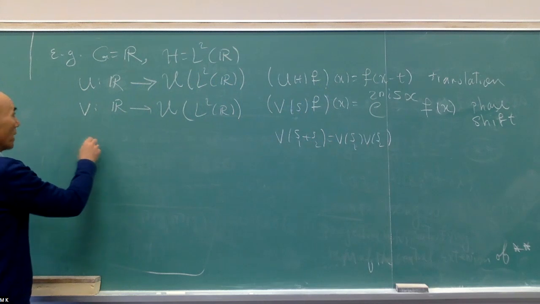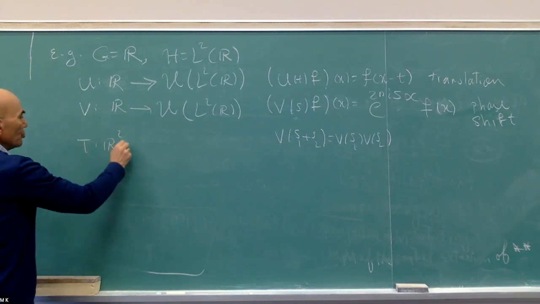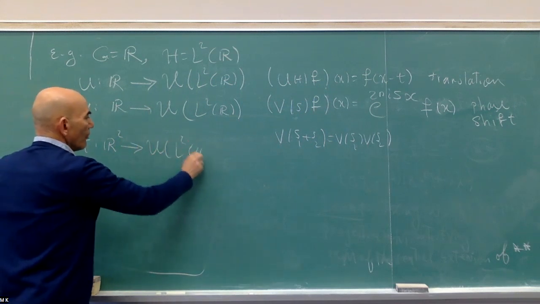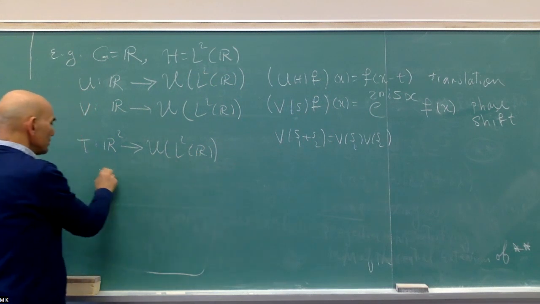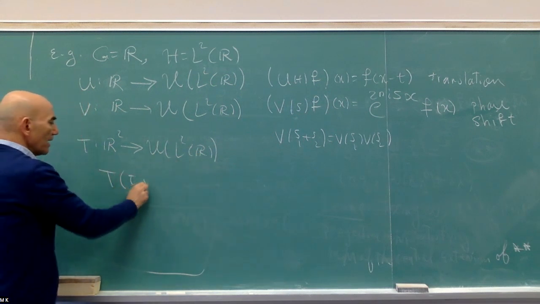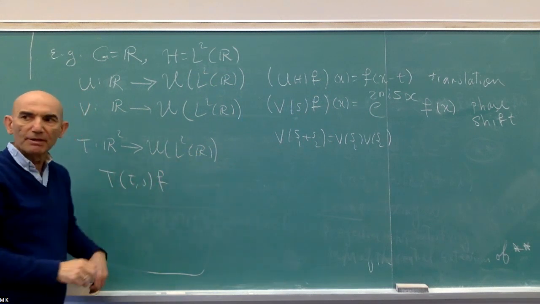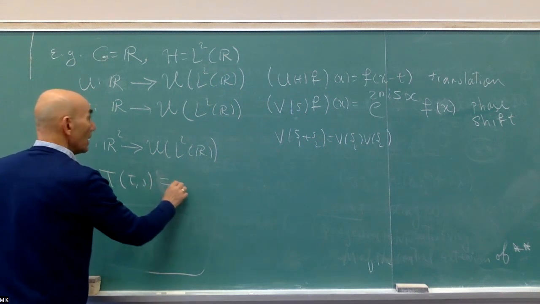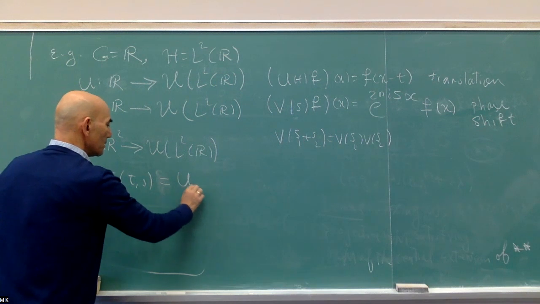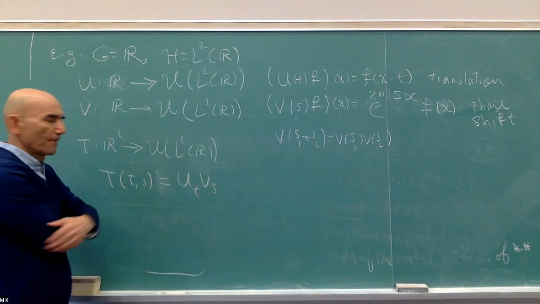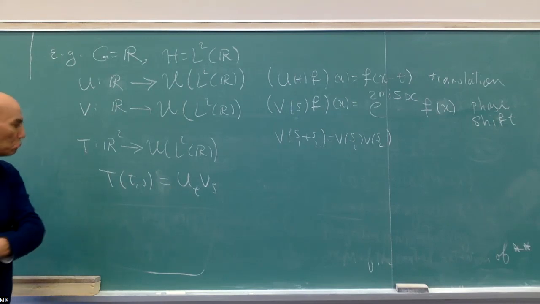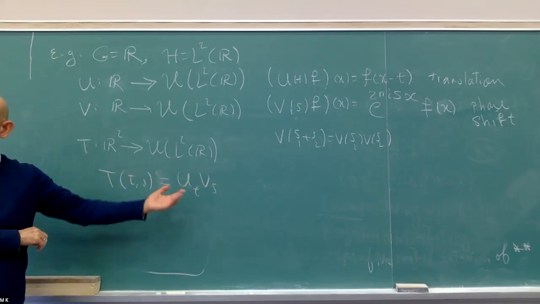Now I want to define some representation. Maybe I call it T from R2 to unitary operators on L2 of R. So T of (t, s) acting on F, I just write it like this: T of (t, s) equal to U of t times V of s. Yeah, this is a proposal.